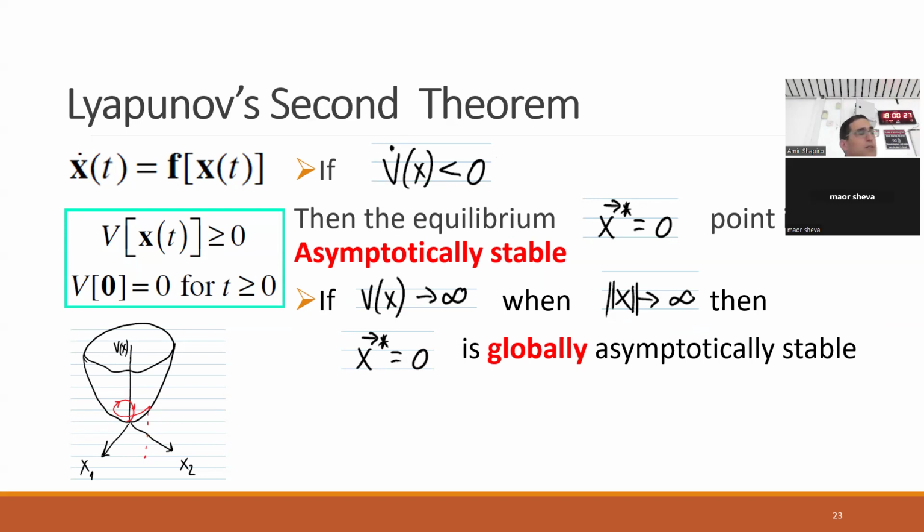So if V dot is strictly smaller than 0, then the equilibrium x star equals 0 is asymptotically stable. And if V of x goes to infinity when x goes to infinity, then x star equals 0 is globally asymptotically stable. So if all of this holds true everywhere, then the system will be asymptotically stable globally.